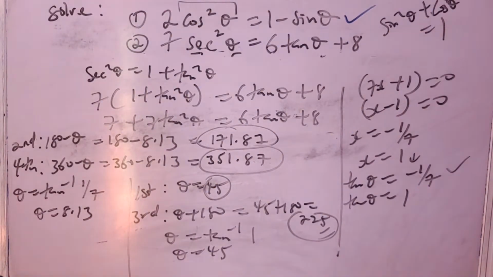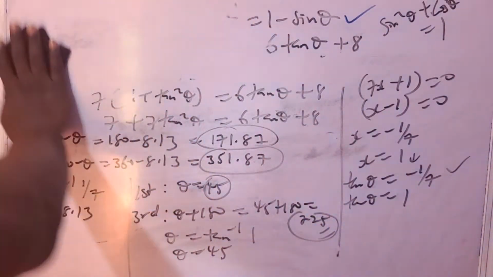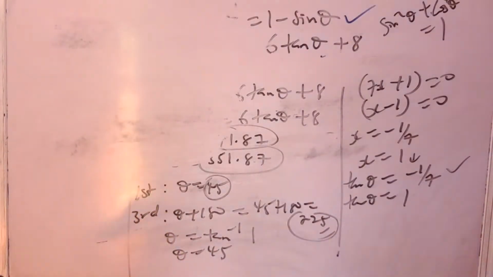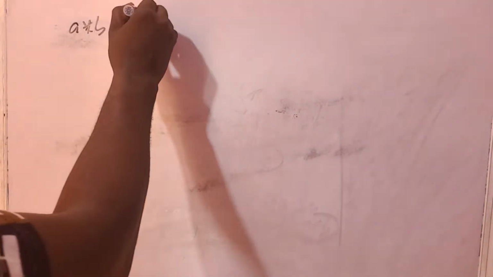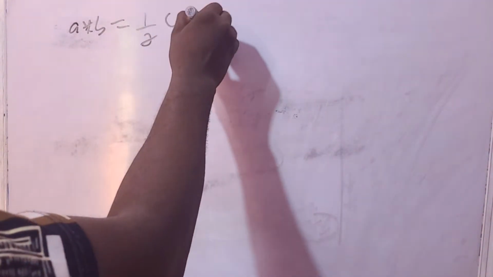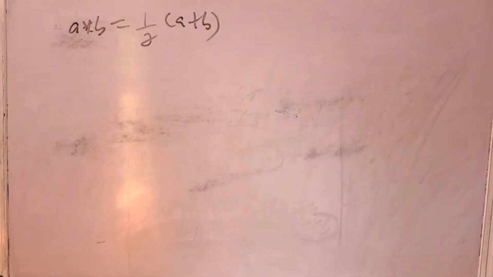I'm sure you guys were able to flow in both topics we have done. So let's run quickly to binary operation and let me see how much you are able to conquer that. Given that a star b is equal to 1 over 2 a plus b, this is the operation on which this binary operation is defined.